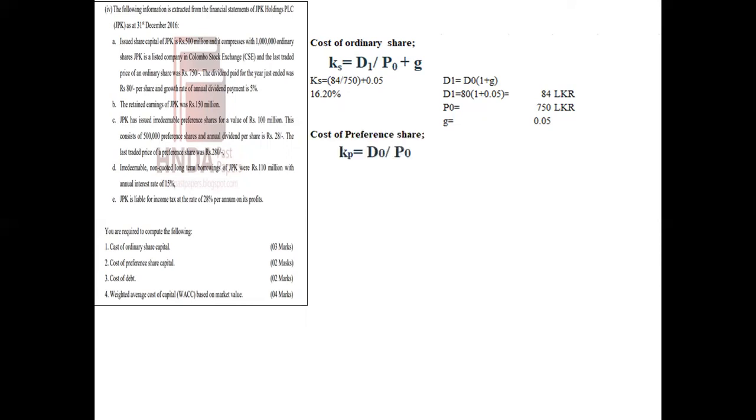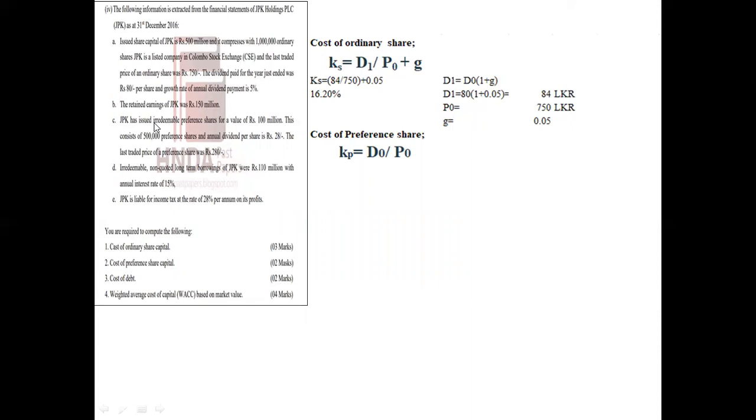Then we need to calculate, according to the given details, the cost of preference shares. As we did in the last few sessions, and now all of you are aware, the cost of preference shares can be calculated as D0 divided by P0. Here in the given information, they are irredeemable preference shares.